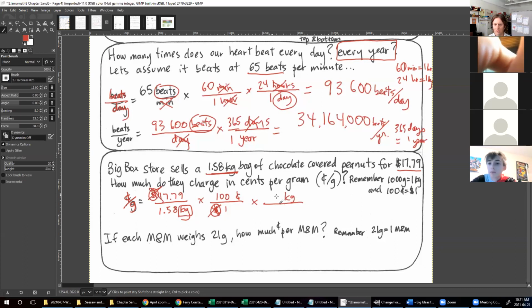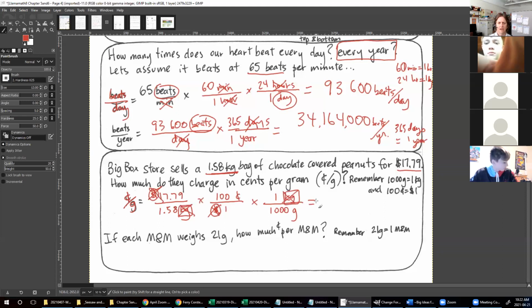And I know that 1 kilogram is equal to 1,000 grams. Now the kilograms units cancel out. And when I do this calculation, I have 17.79 times 100 cents, divided by this, and it's going to give me per gram. So this is what I want.